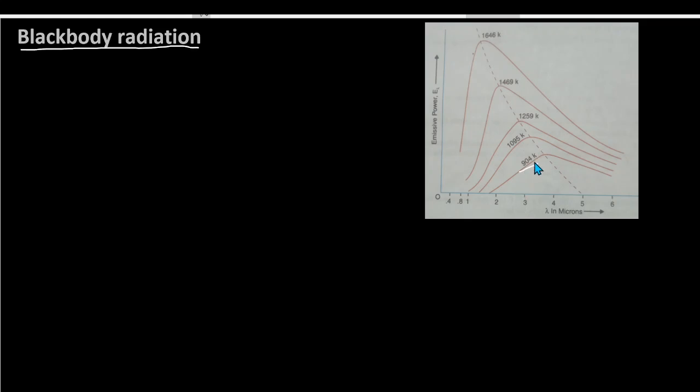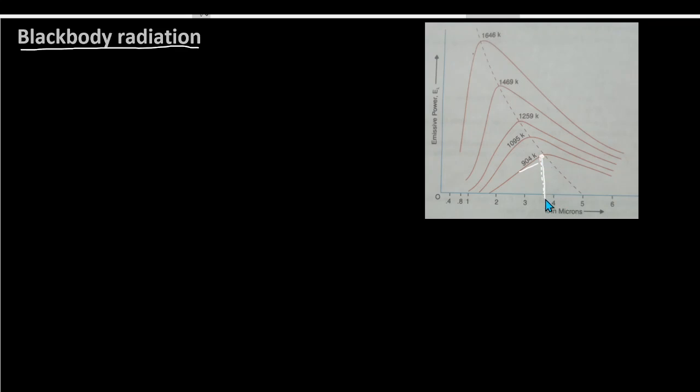So the energy emitted by that particular object, or let's say black body, because this graph is for a black body, has wavelengths from a different range, not only one particular wavelength. Yes, for some wavelength the energy emitted is maximum, as you can see in this curve, at this point.